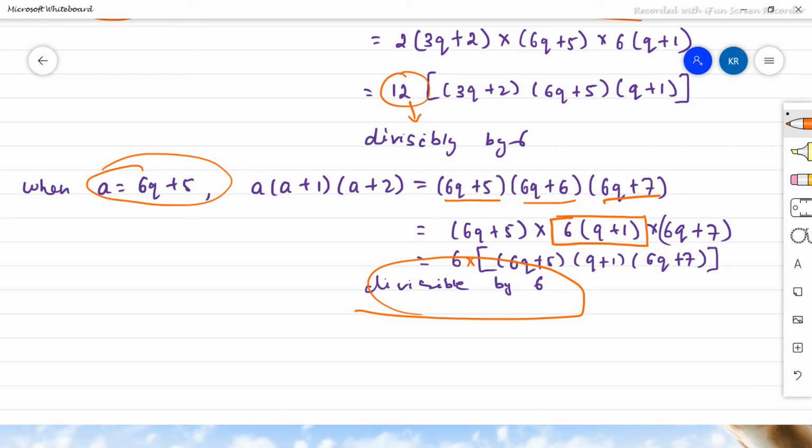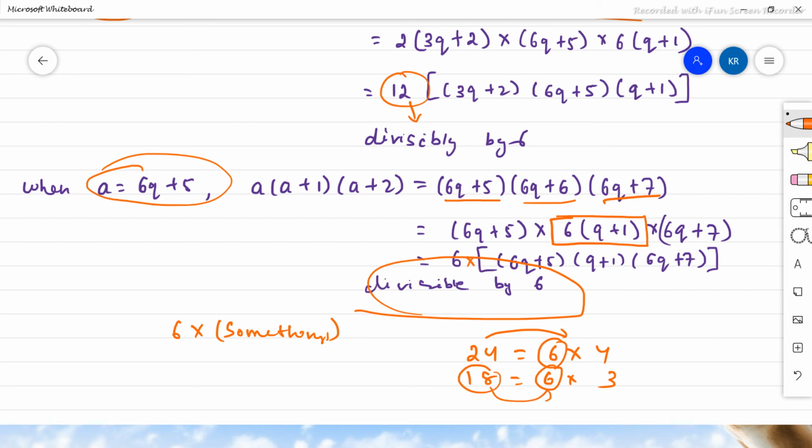So the logic in this question is that whatever product we get, we have to write it in the form of 6 multiplied by something. Suppose we have the number 24. It can be written as 6 multiplied by 4, or 18 can be written as 6 multiplied by 3. That shows 24 is a multiple of 6 and 18 is a multiple of 6, hence 18 and 24 are divisible by 6.